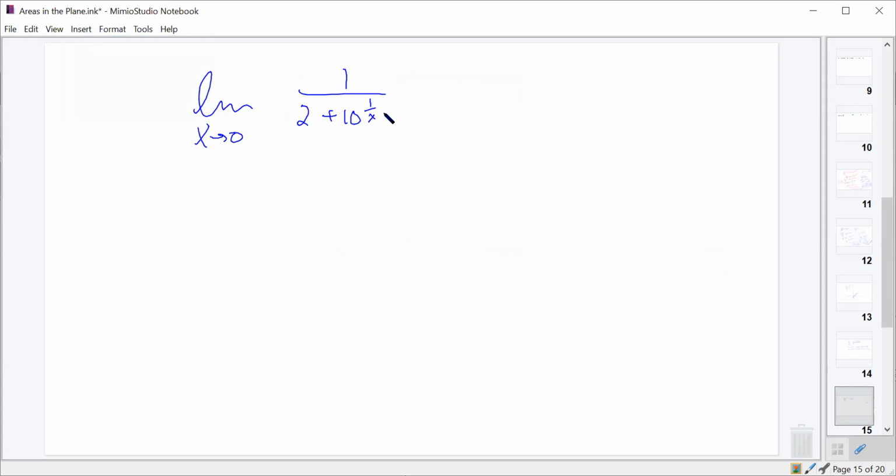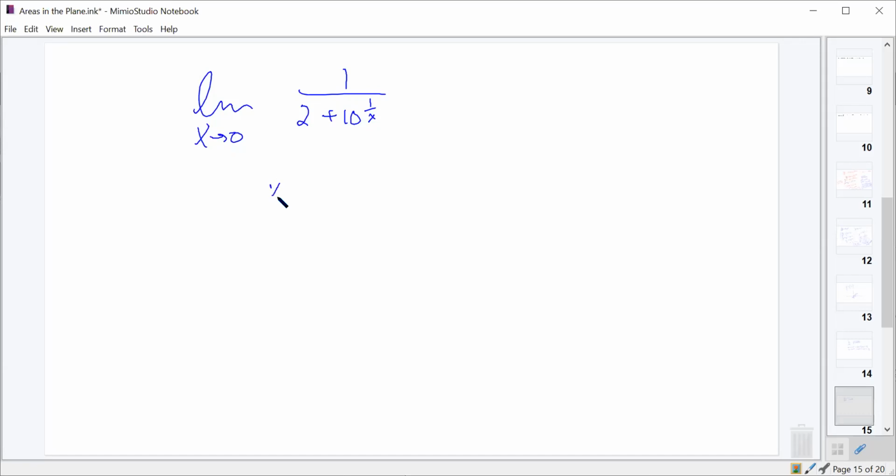So we're going to take a look at the same thing. This 1 over 0 can be either positive or negative infinity, depending on which side we approach from.